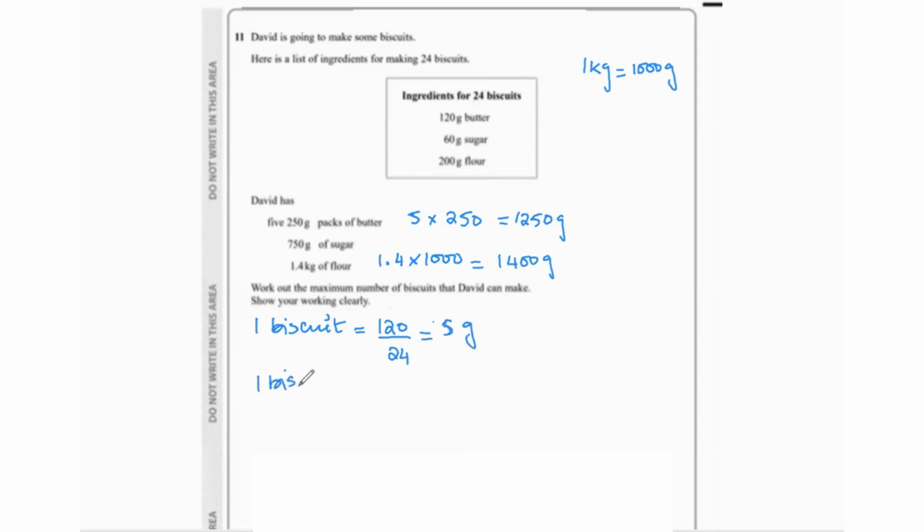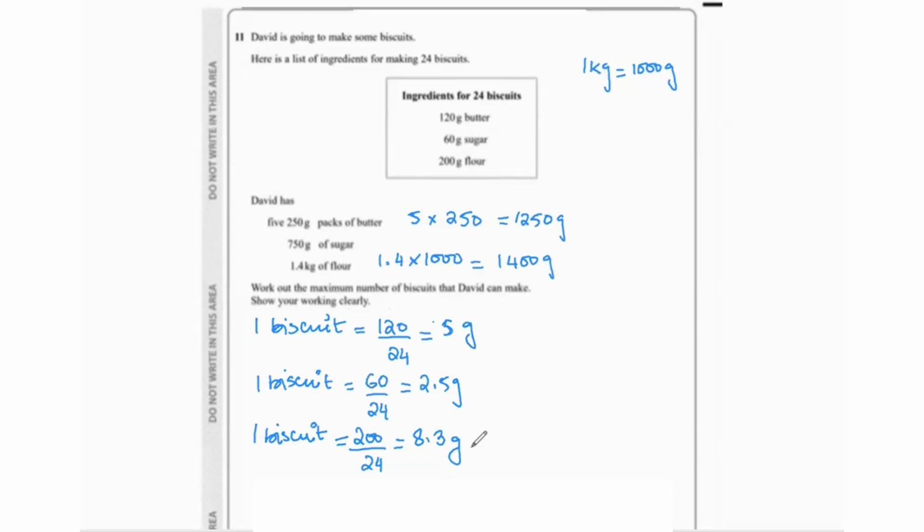Then for one biscuit, for sugar, it's going to be 60 divided by 24, which equals 2.5 grams. And then for flour, one biscuit will take 200 divided by 24, which gives us 8.3 recurring grams. So this is the amount of butter, sugar, and flour we'll need for one biscuit.